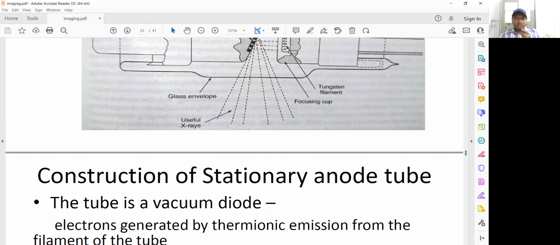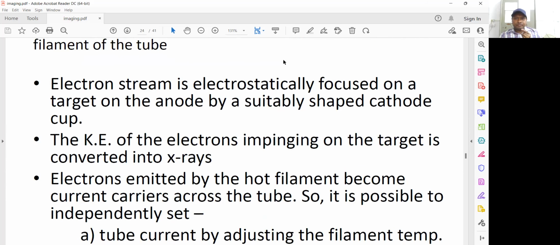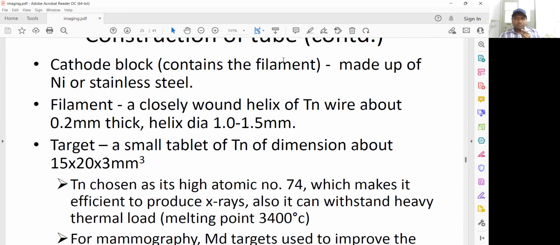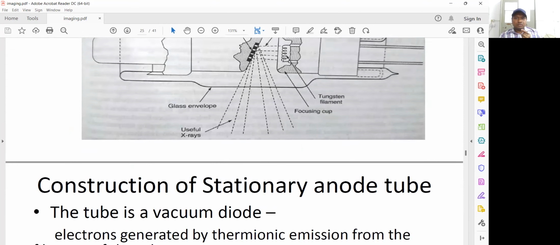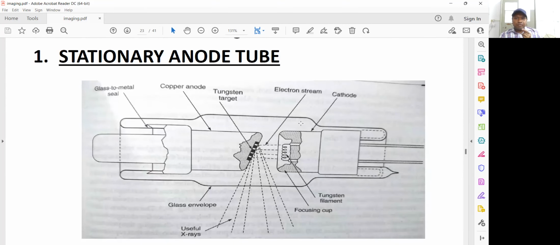This is the tungsten filament, and we are applying the voltage over here. This is the cathode, and the construction of the filament is a helical arrangement of metal. We will discuss it later.